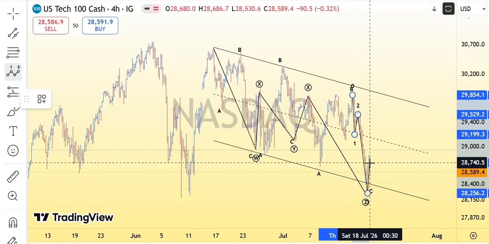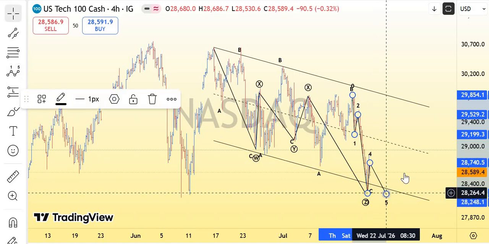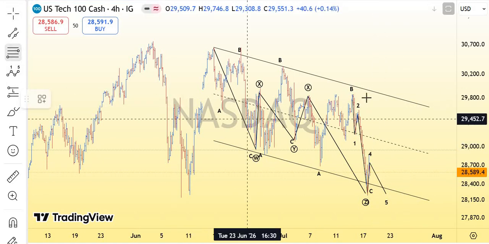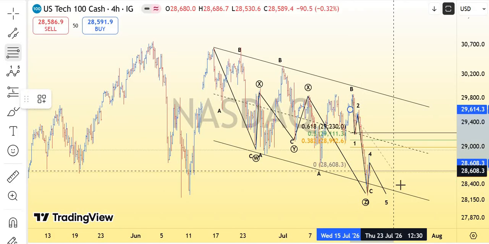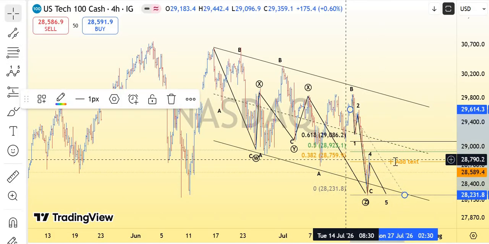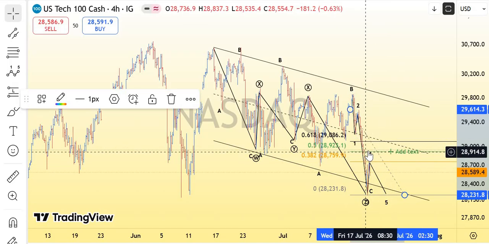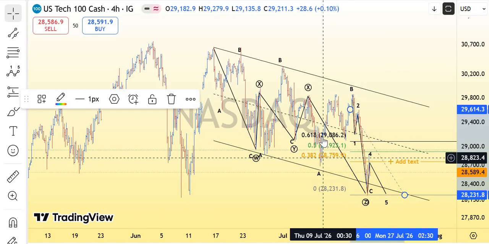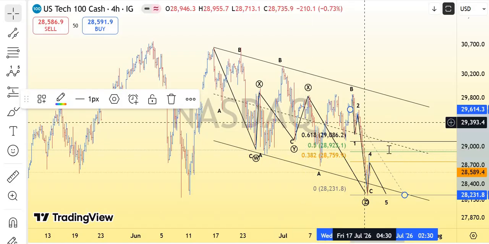And inside the C wave, as you know that we have 5 waves, 1, 2, 3, we are into the fourth is over or not, I don't know, right? Let's see. If third is over and we are into the fourth, it has to be restricted in between this fib zone 38 to 61.8%, right?